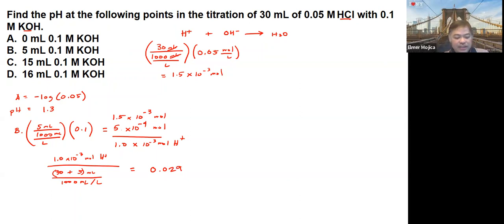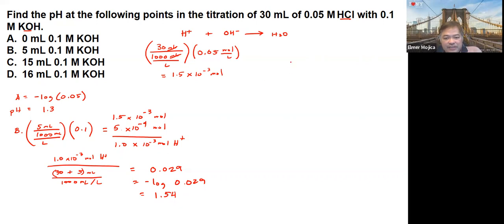And if you get the negative log of 0.029, that would be around 1.5. So you can write 1.5, or you can put the next number there, around 1.54. So that's the pH after you add 5 ml.